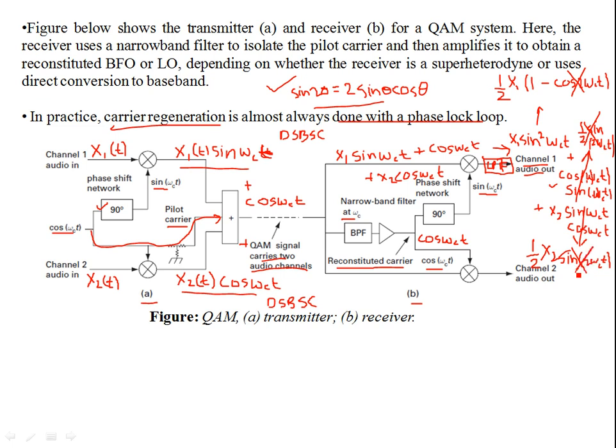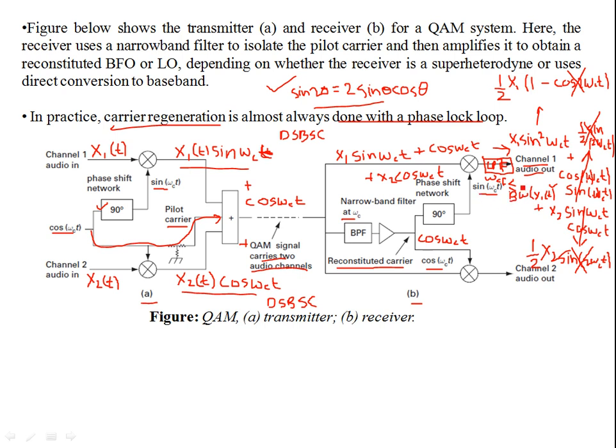Even if you select the cutoff frequency of this low pass filter to be omega c, the cutoff should be at least the bandwidth of x1(t). Whatever is the highest frequency contained in x1(t), that will be the frequency.